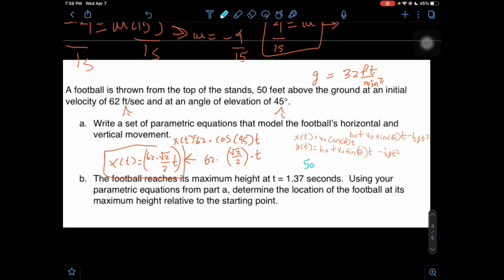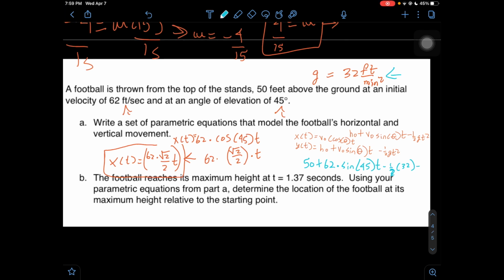So you have 50 plus 62 times sine of theta, where theta is still 45 degrees, times t, minus 1/2 times 32 times t squared. I'm just going to use 32 for g.